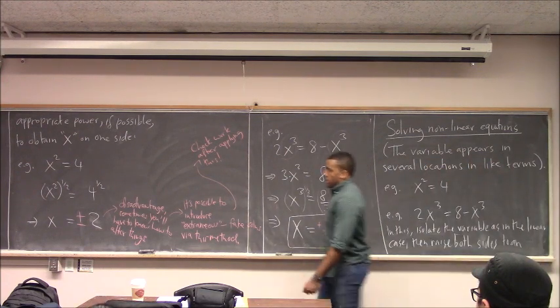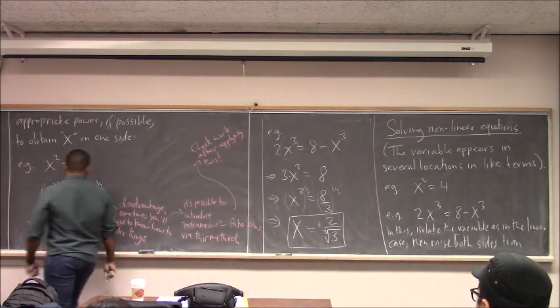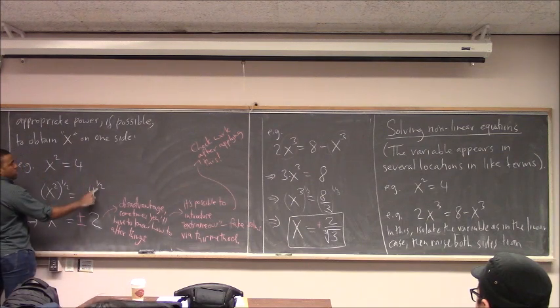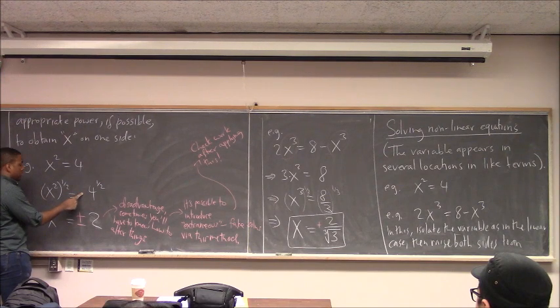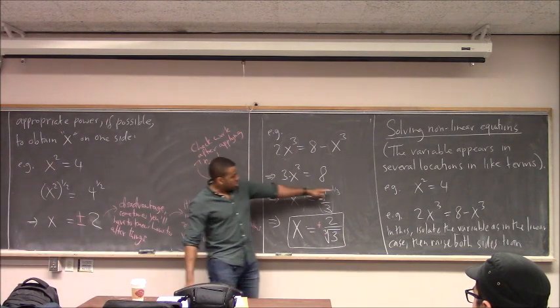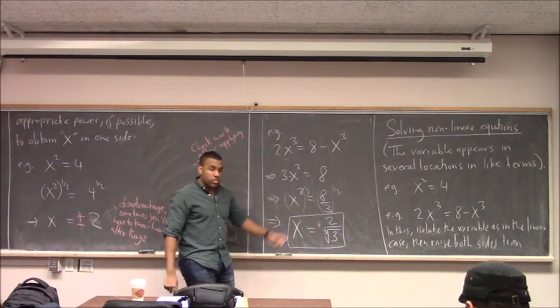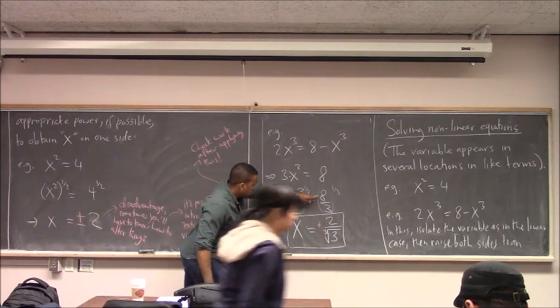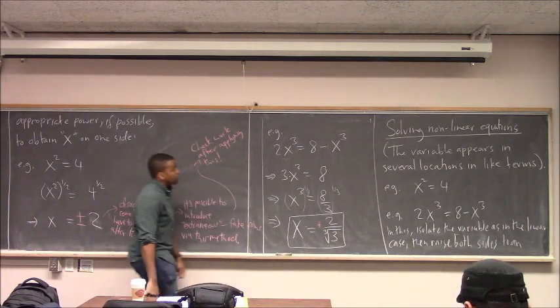So you could think of those as rules. If you're raising something to 1 over an even number, first of all, that thing must be positive, and if you're doing that in an equation setting, you must have 2 signs to worry about. If you're raising something to 1 over an odd power, it will keep the sign of whatever is there. So if this was a negative, the negative would still be here.